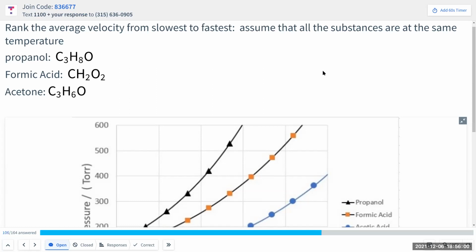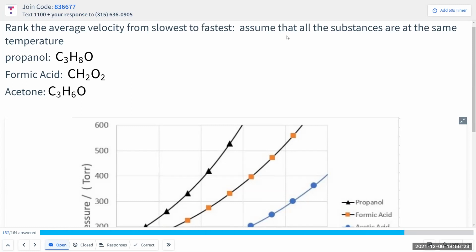All right, I think there should be enough time. I'm going to close. Oh, no, a little bit more. All right, there should be enough time, right? So it's all about determining the molar masses here. Out of these three, we don't even have to calculate that much.